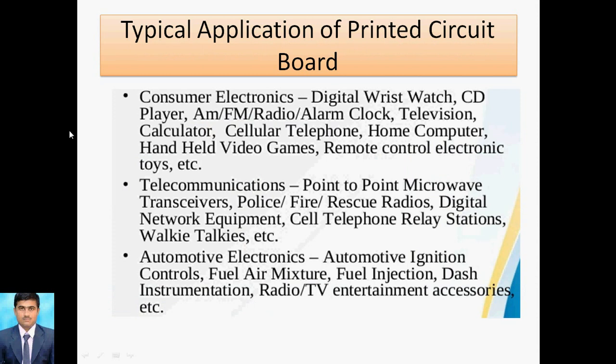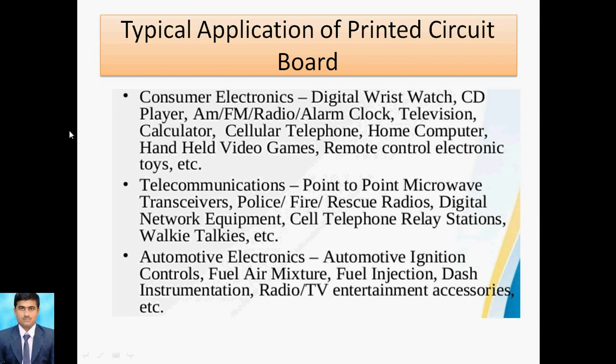So first of all, we discussed consumer electronics. In that: digital wristwatch, CD player, AM FM radio, alarm clock, television, then calculator, cellular telephone, home computer, handheld video games, remote control unit, toys, etc. In the case of telecommunication: point to point microwave, transceivers, police, fire, rescue, digital network equipment, cell telephone, relay stations.